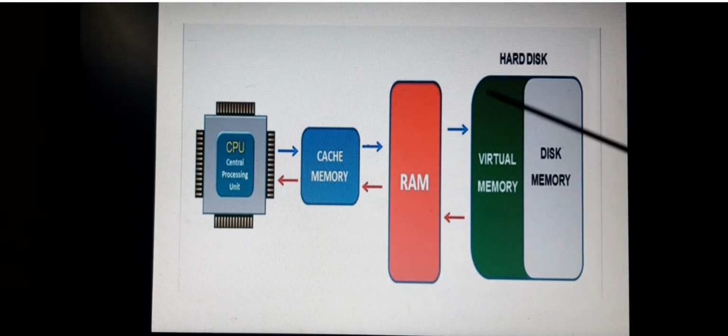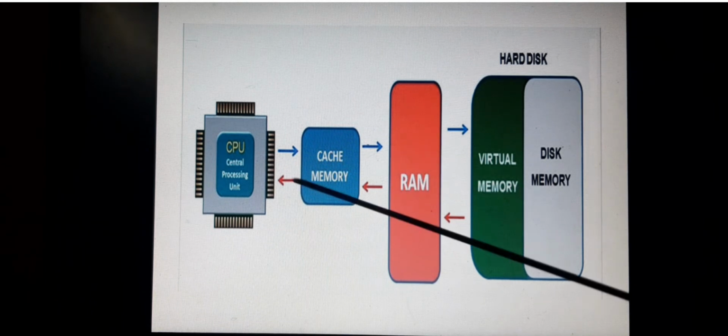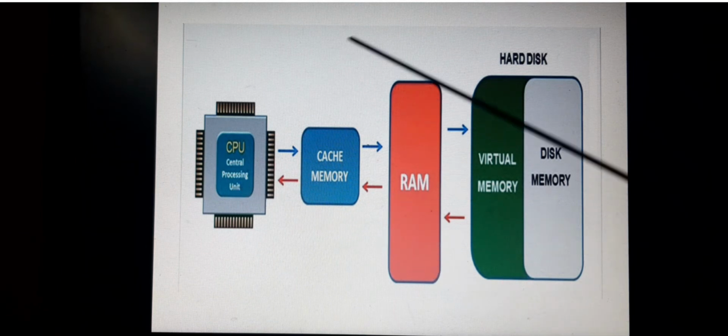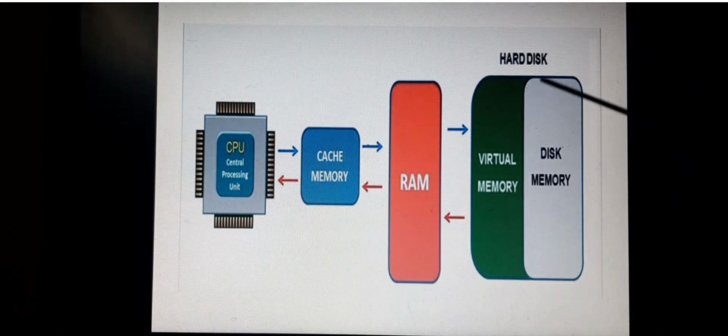In this total memory there will be many programs. For each and every program, an address will be given, and that address is provided by the CPU. Whatever address is provided by the CPU to the secondary memory is called a logical address.